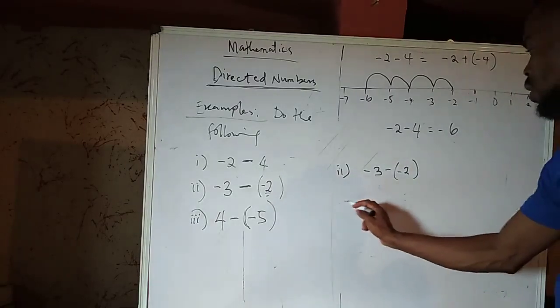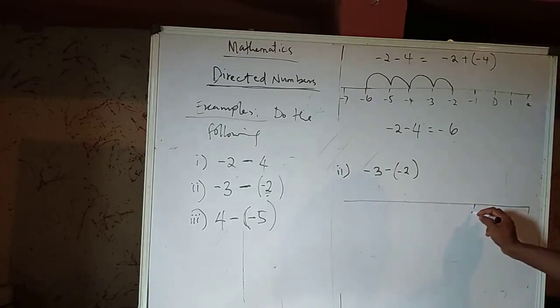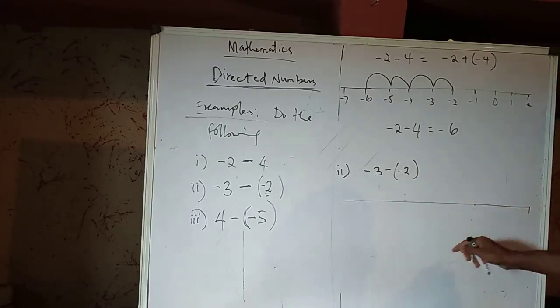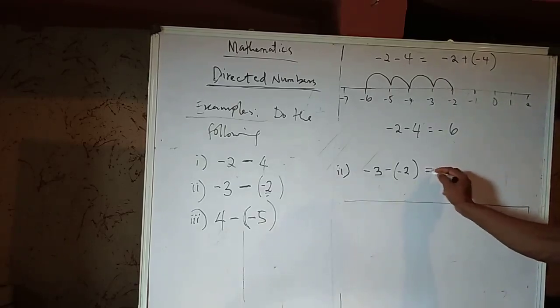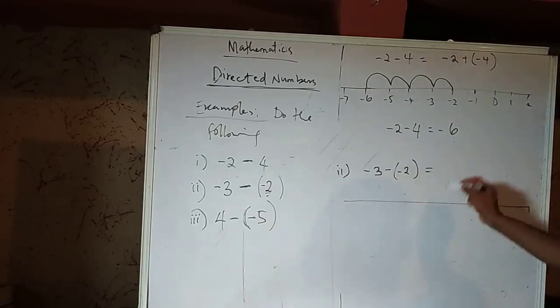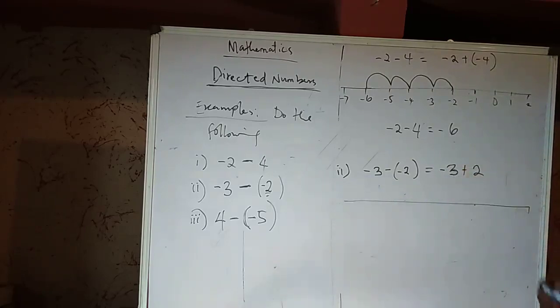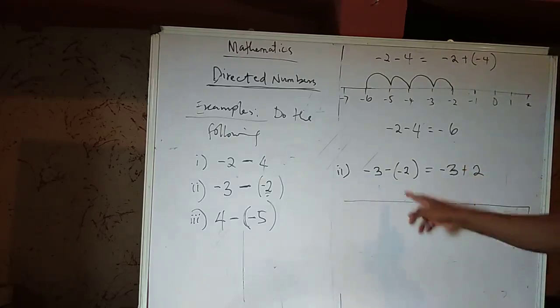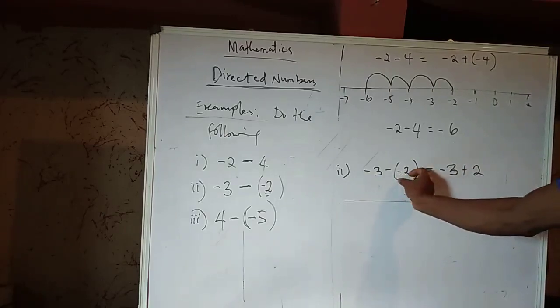Let me see how that works out. So you have minus 3. There's something I need to tell you about this problem. This problem is equivalent to minus 3 plus 2, because you see this minus 2 is in a bracket.